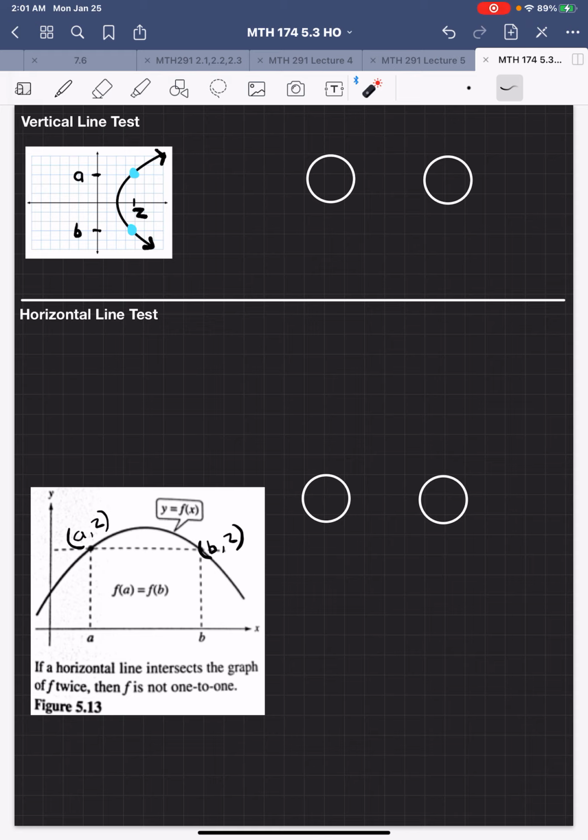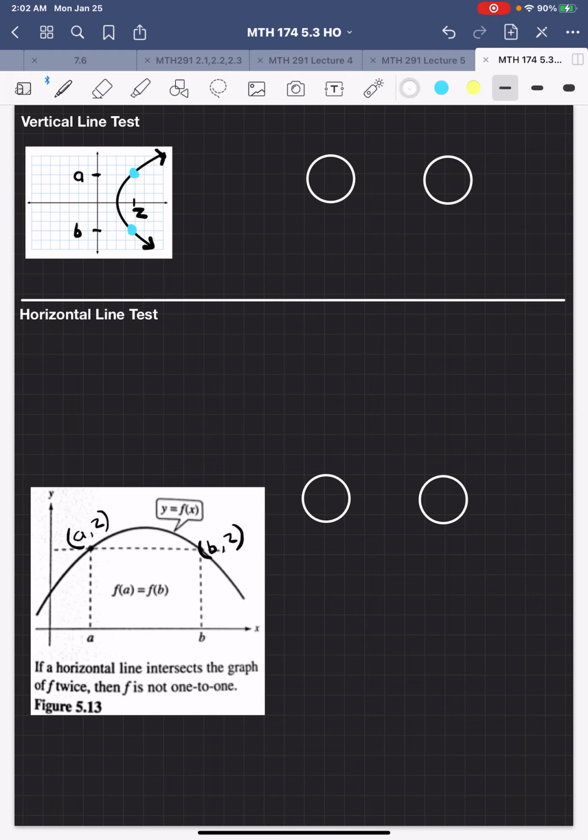Okay, so I want to talk a little bit about some of the geometric implications of inverse functions. But to make sense of this, I want to start with two tests that you have seen and heard of before. So let's start with the vertical line test. Recall that the vertical line test was a quick geometric test to be able to state whether the graph is the graph of a function.